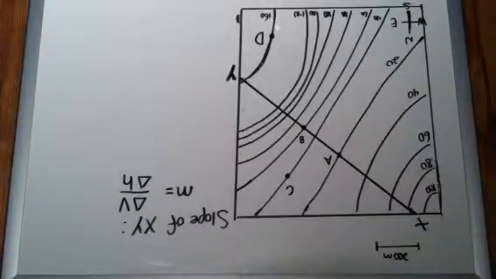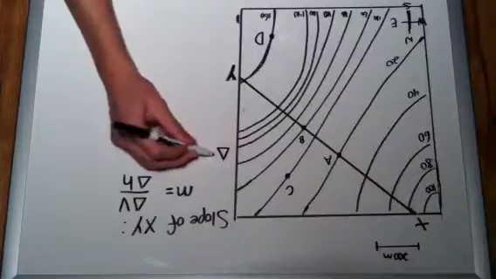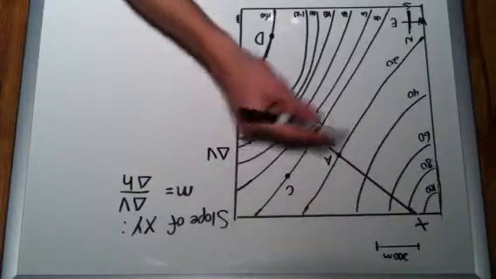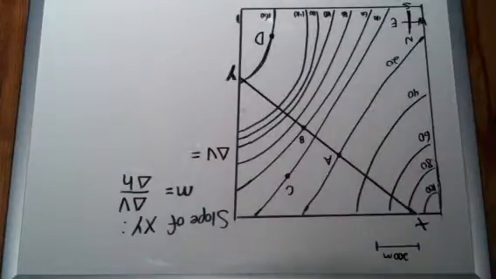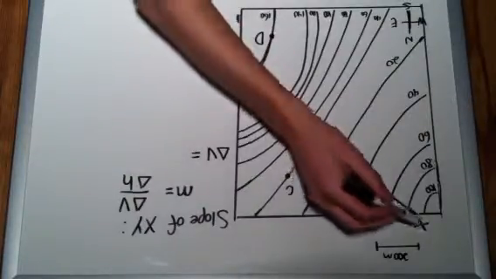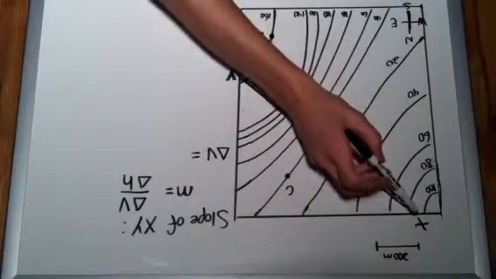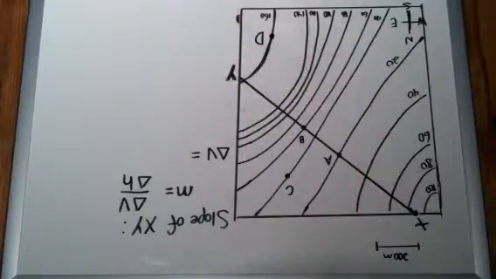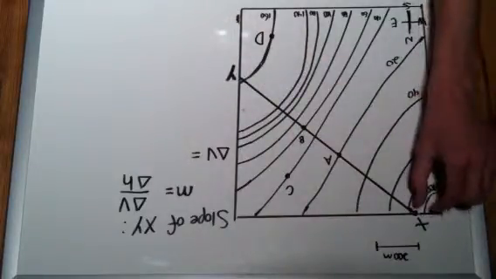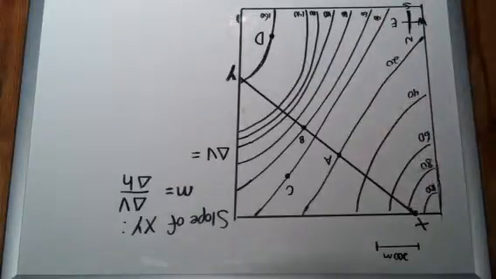Okay, given that equation, we can jump right in and start with the easier one that we can get just by reading this map on its own, which is delta v. We have our units here. We have x and y, and x appears to start between, once again, I hope you can see this, the 80 and 100 contour lines. In fact, it appears to be halfway between the two in terms of distance.